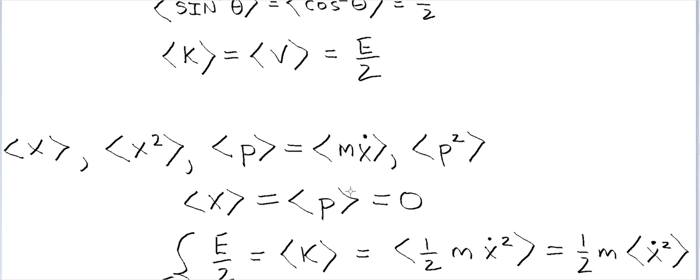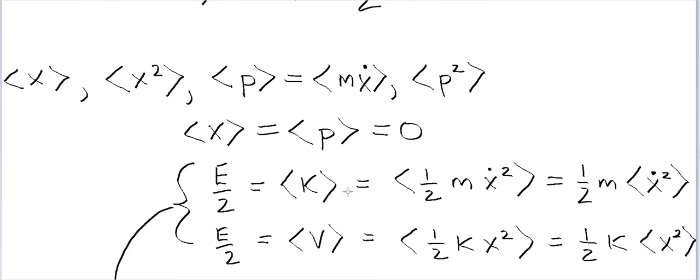And so now we're going to put all this back together, and we could look at what we mean by expectation values of x squared, of momentum, which is just m x dot, or of momentum squared.